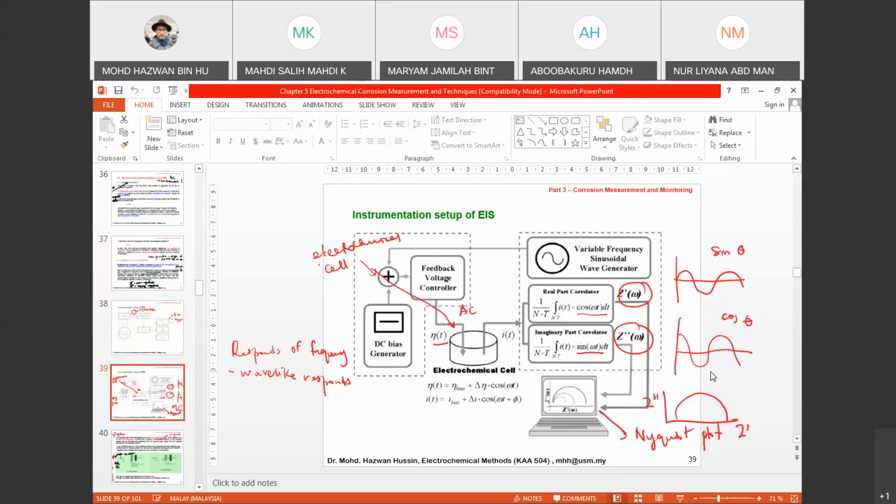And the outcome from these two values, real and imaginary impedance, will result in two plots. You have the Nyquist plot, which is a plot of imaginary impedance versus real impedance, and you also have another one called the Bode plot.